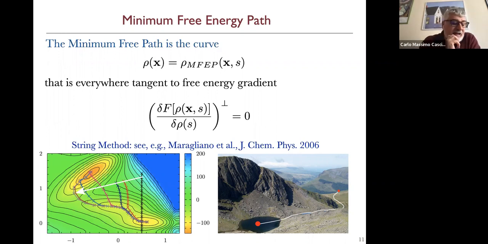So this is, in a nutshell, a description of the string method. The interest in the string method is that in practice, the relaxation of each of the images along the string can be done almost independently from the others, and this allows us to exploit the huge parallelism of modern computer systems.